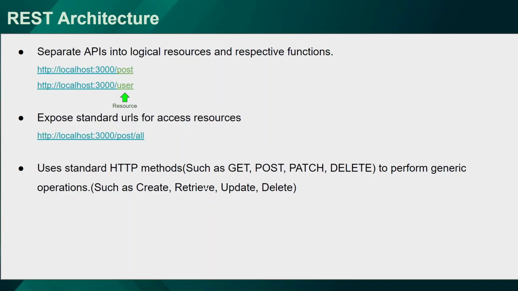Then the backend will consume it and perform the corresponding create operation over that payload, right? Then if we want to retrieve data, we can call a get method using the HTTP get header, and inside that body we can return the corresponding data we want, right? So that's how REST API uses HTTP to invoke the backend functions.